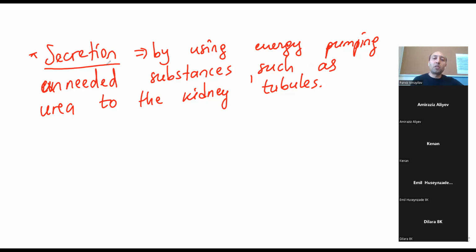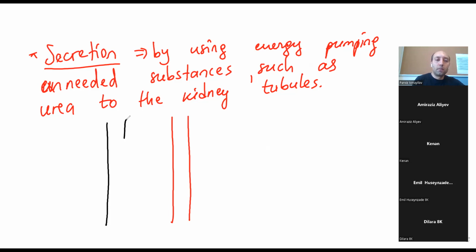Let's say this information, guys. I'm just giving an example. I'm drawing now a blood vessel, and let's say that this is a kidney tubule. So the left one is the kidney tubule, the right one is the blood vessel. Let's say the blood which is coming to the kidney firstly contains 20 milligrams of urea. So this urea by passive movement enters the blood vessel.